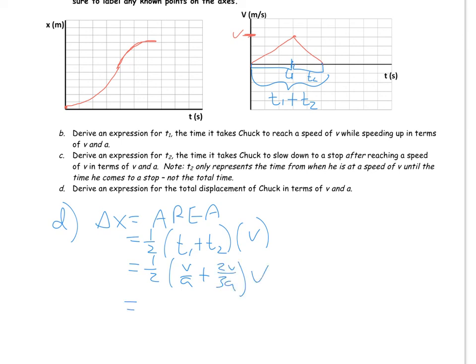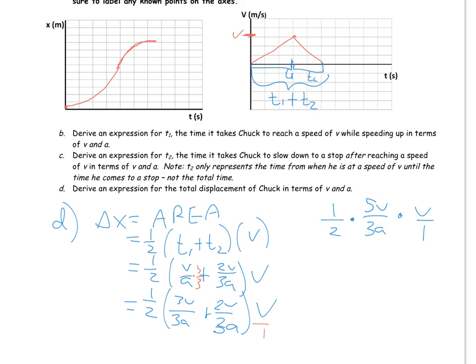I'm going to find a least common denominator, which means multiplying this one, top and bottom, by 3. And so I get 3v over 3a plus 2v over 3a, all times v. I combine these fractions and add in the 1/2, so I have 1/2 times 5v over 3a times v, which is really just v over 1 at the end there. When I multiply all that out, I get that my displacement is equal to 5v squared over 6a.